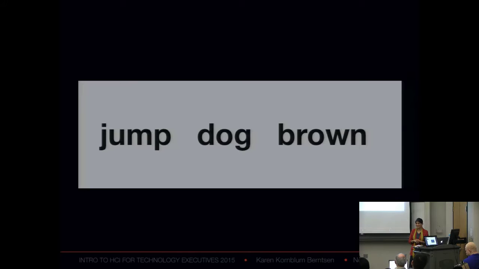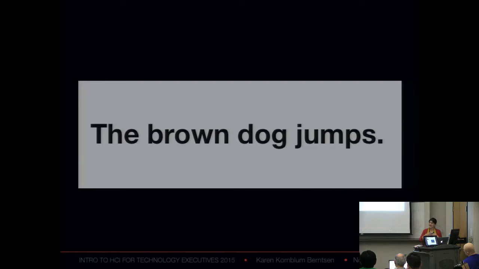They're in reverse order. So it's the brown dog jump. Okay, that's where the sentence comes in. We've got a verb, we've got a noun, we've got an adjective, right? So once you start putting letters into words, then words have different characteristics. The next unit of measure, the next kind of organism we've got is the sentence.